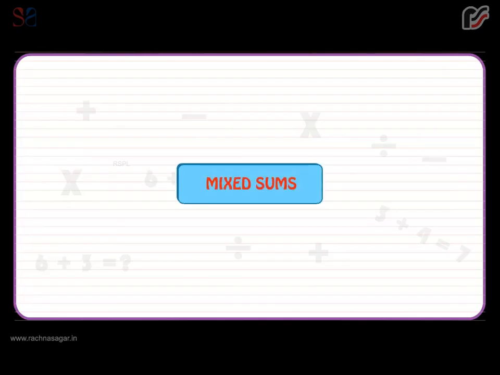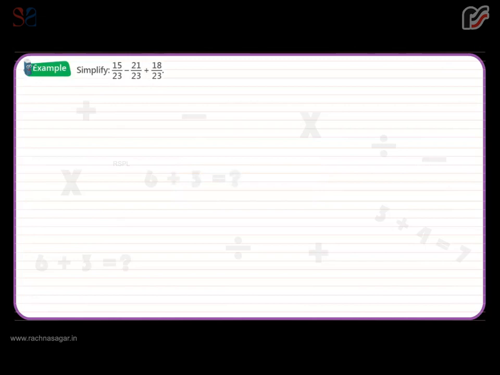Mixed sums. Example: simplify 15 upon 23 minus 21 upon 23 plus 18 upon 23.